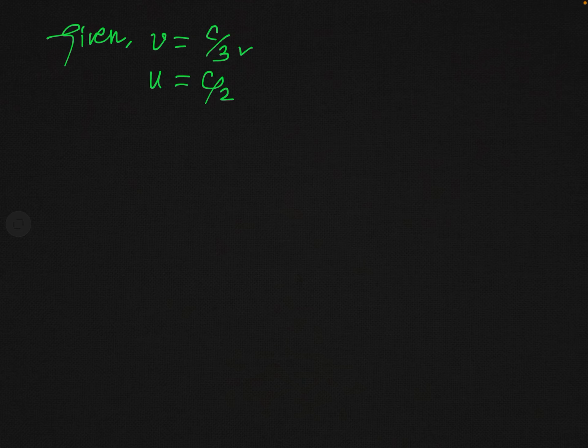Now we have to find the value of the velocity of the particle with respect to this moving wall. Then, in accordance with the velocity transformation equation, we can find this.